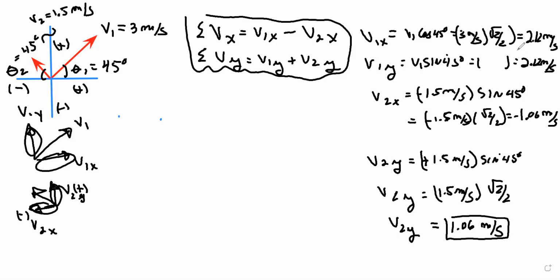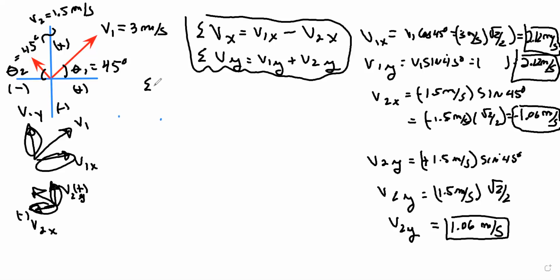So we got this guy, v1 in the y direction is this guy over here. And v2, we got this one right here. And we got everybody. So let's go back and plug these guys in.